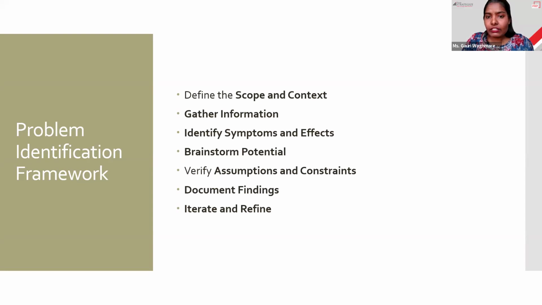Then go back to brainstorming the potential things which we are looking for. Then verify the assumptions and the constraints, where we cannot go, and develop accordingly. Then document findings, and you can reiterate and refine the things. So this is the framework which we also use for the identification of problems.